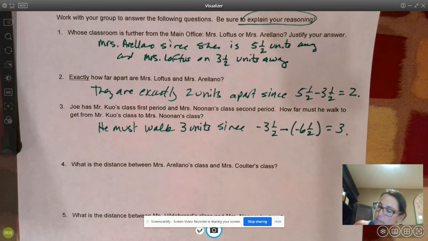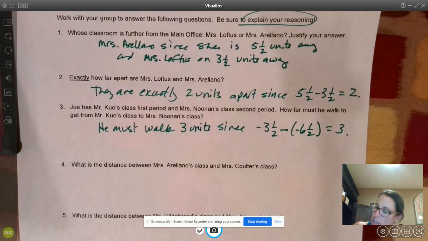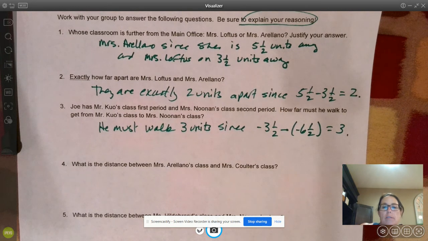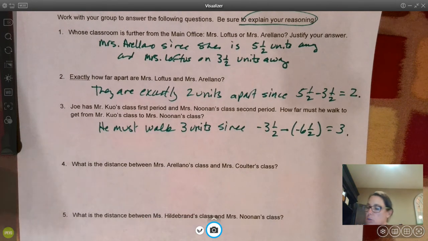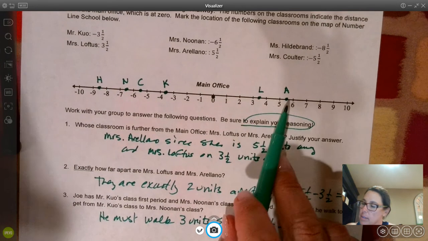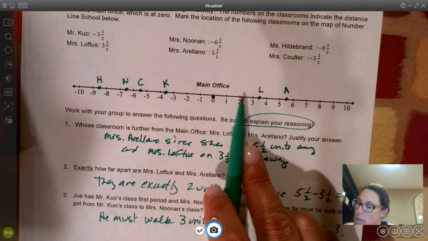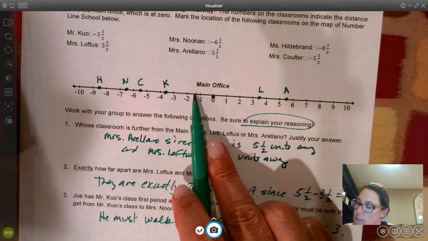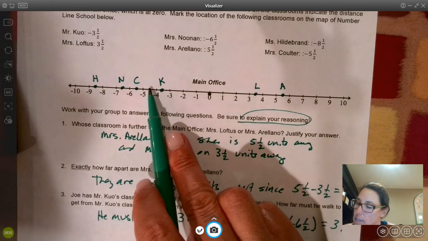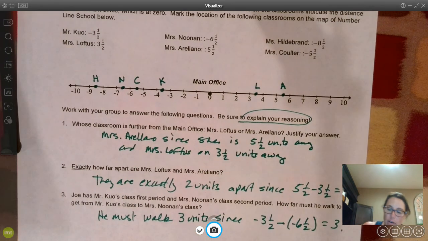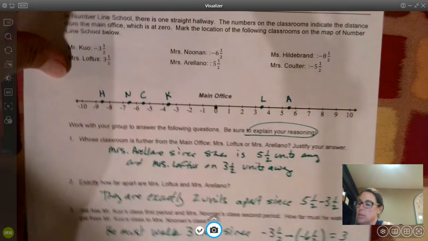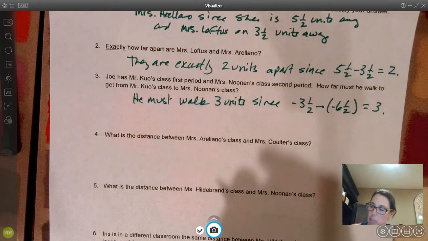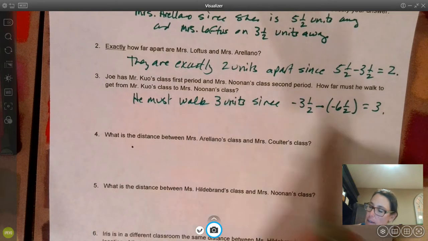All right, what is the difference between Ariano's and Coulter's class? I'm going to have to scooch it back up so you can see the A and the C. So 1, 2, 3, 4, 5, 6, 7, 8, 9, 10, 11. I count 11 units, and then let's put a mathematical expression there to justify.